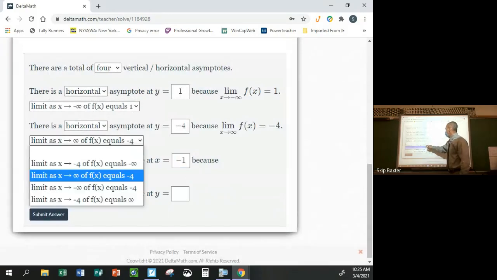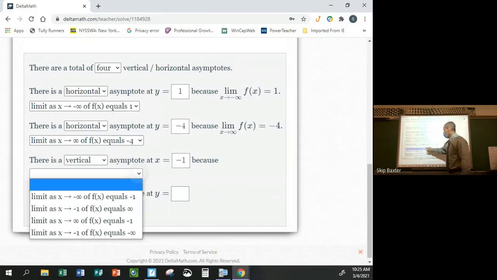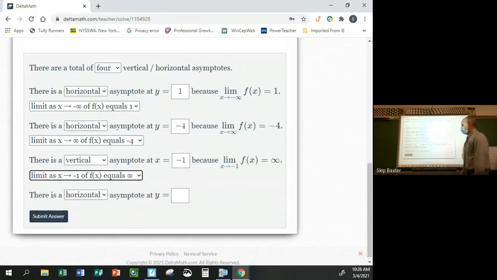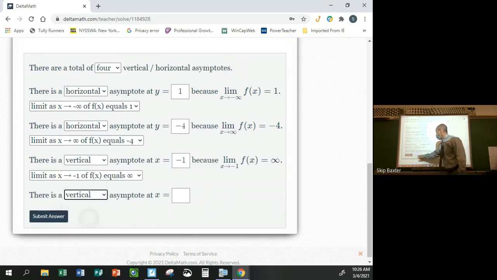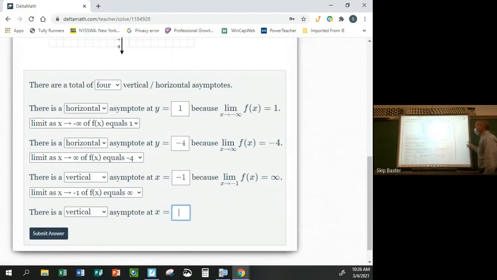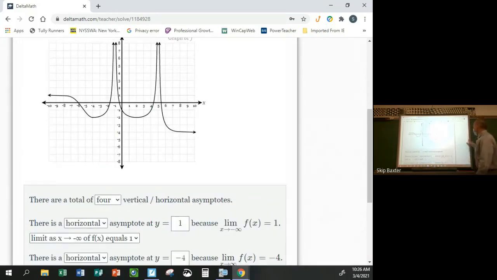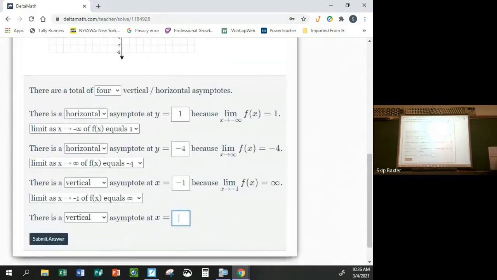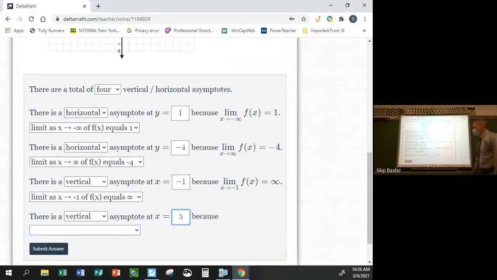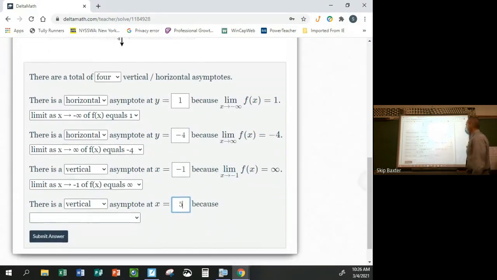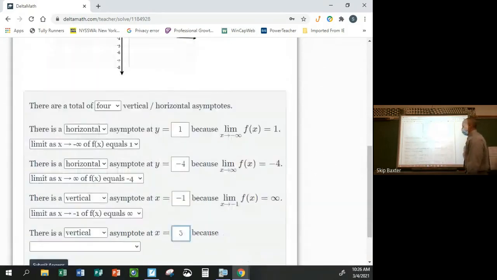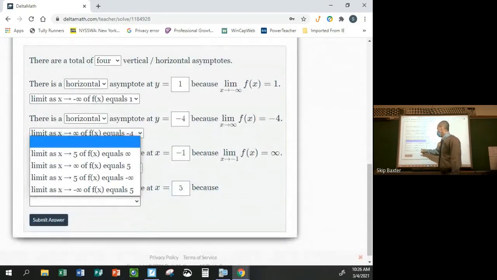So the limit as x goes to -1 is infinity. That's this one. And then there's another vertical asymptote at x equals 5 in this case, right? And that's because the limit as x goes to 5 is also positive infinity. That's this choice.